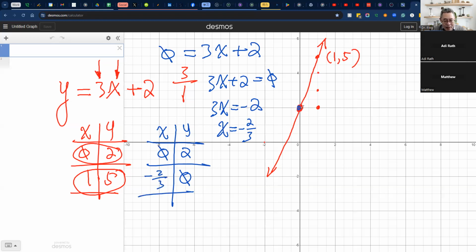And this one is the same. Then we can see that the x-intercept point is basically where the line intersects the x-axis. And this point, if I draw that accurately, then I should get this negative 2/3.